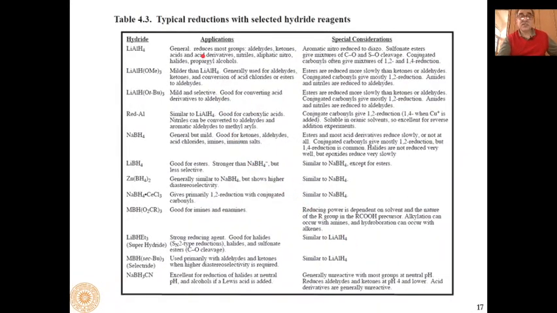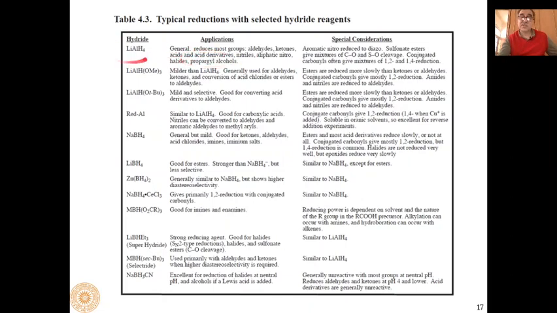So these are some of the applications of different types of selective hydride reagents, which we have discussed in different lectures before this lecture. Lithium aluminum hydride, I have already told you that it can reduce almost all types of functional groups like aldehydes, ketones, acids, acid derivatives, nitriles, halides, or propargyl alcohols.